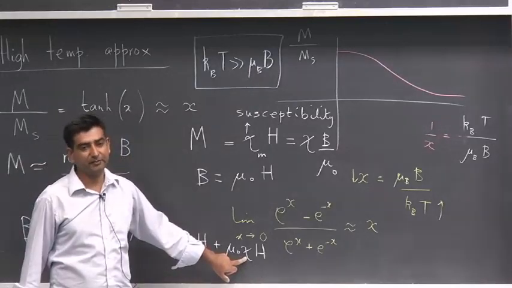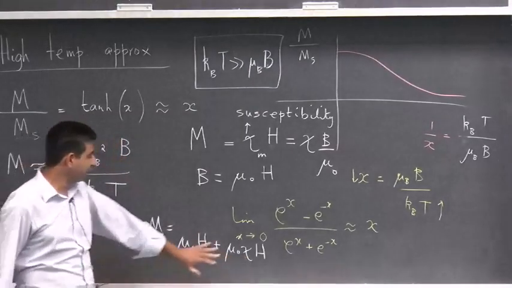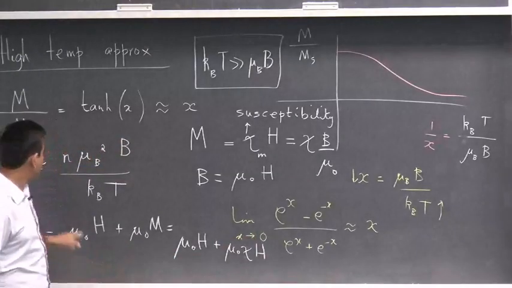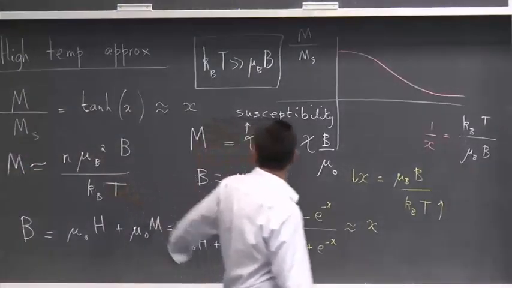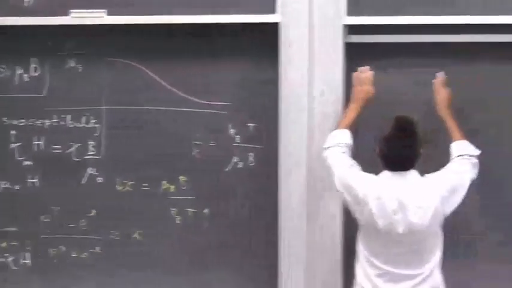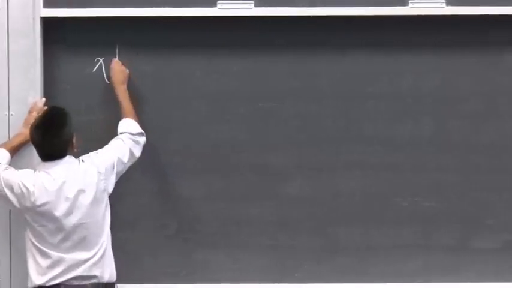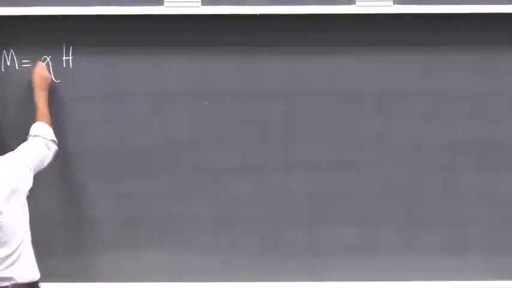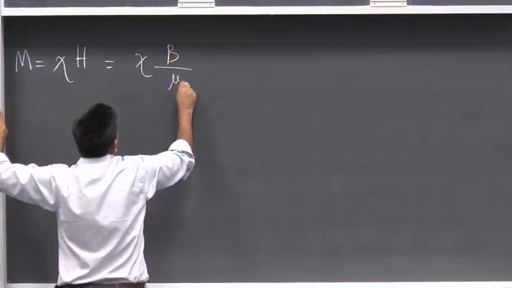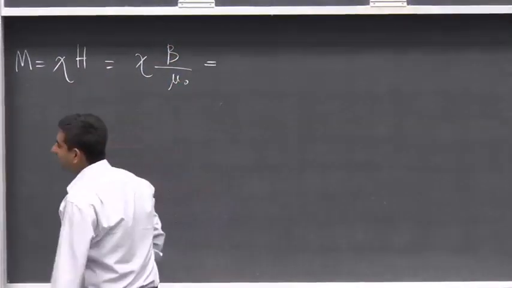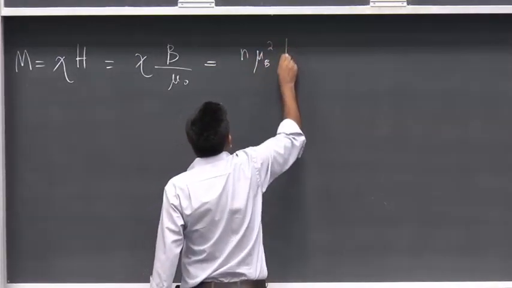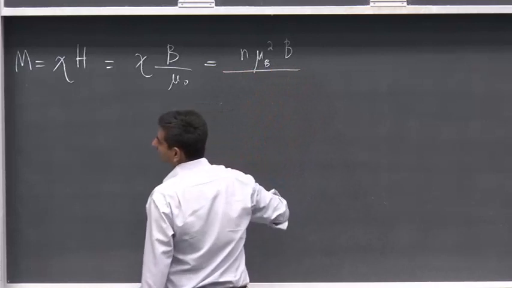It's really small. Therefore, for such materials, you just ignore this term. So B turns out to be equal to mu naught H. So for such materials, if I insert these values in here, M equals chi H, but H equals B over mu naught. And this equals, in the high temperature approximation, N mu B squared over kBT times B.